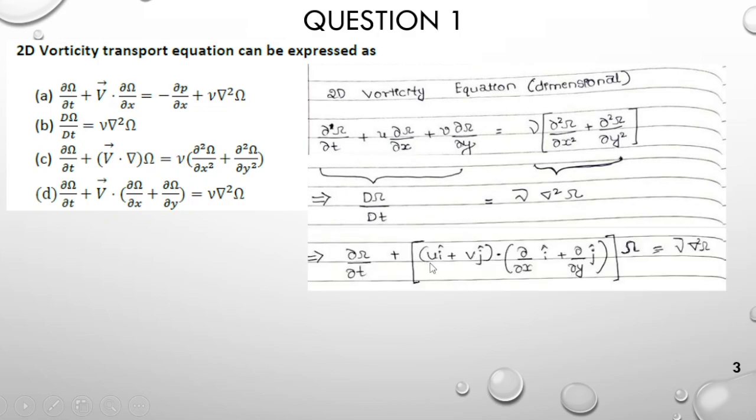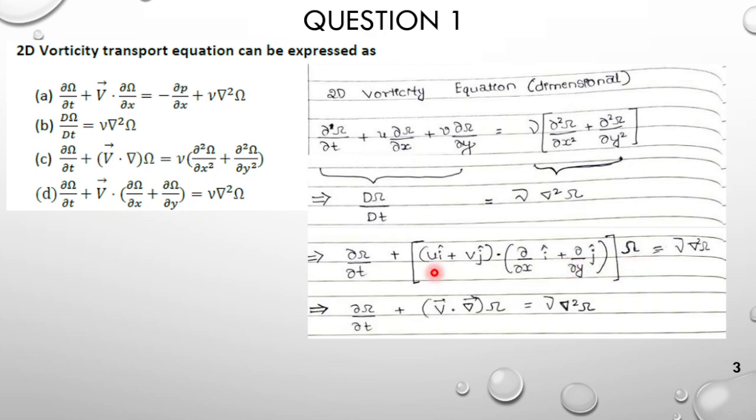Then, if we convert it into a vector format, we can decompose this particular advection term as u i plus v j cap dotted with the gradient. In that way, if we write it, it will become option number C. So both option B and C are correct.